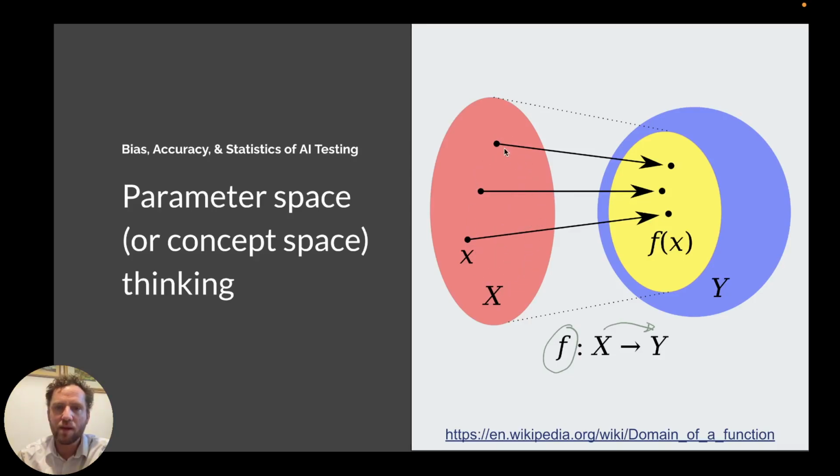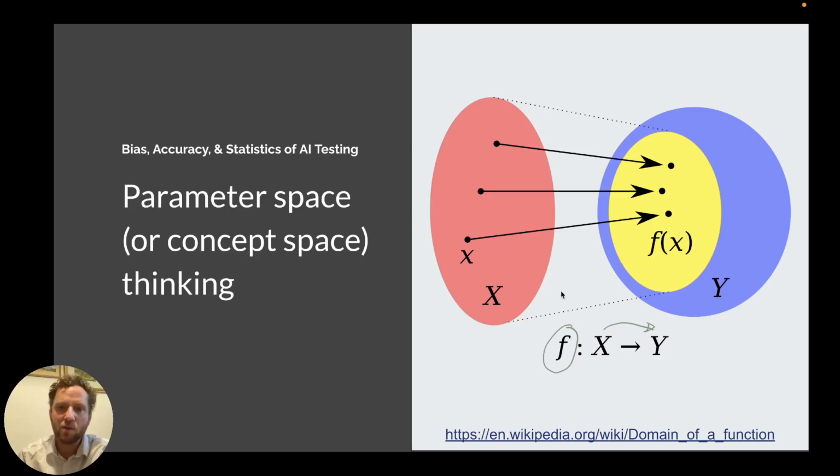There could be different values of x. They could range very wildly. And the parameter space is the space of all values that these inputs can take. It's also the space of possible outputs that could come from this model.